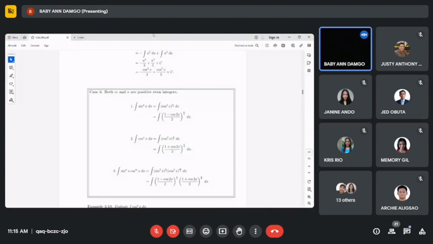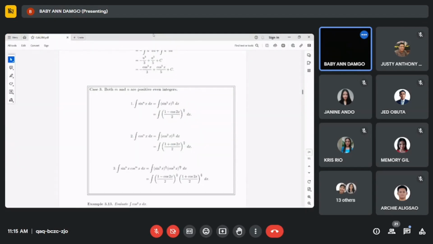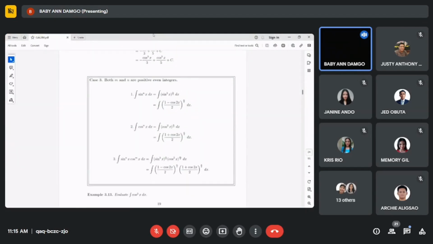So we have another case. What if m and n are positive even integers? So unsa may buhaton? Dili na siya the same case sa 1 o 2 nga magkuha ra mo add na dayon i-convert siya, like example cosine, so i-convert to sine na magamit dayon substitution and then power rule.